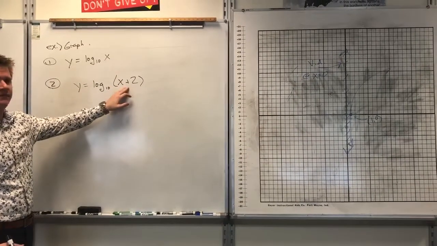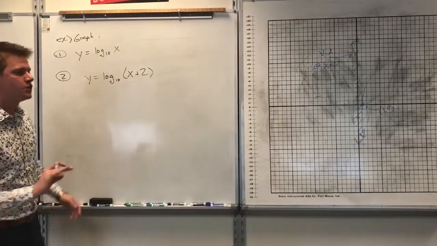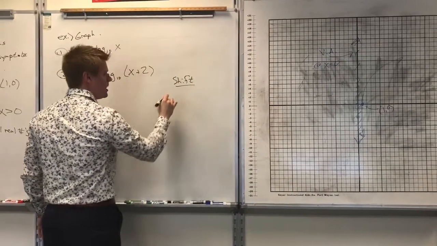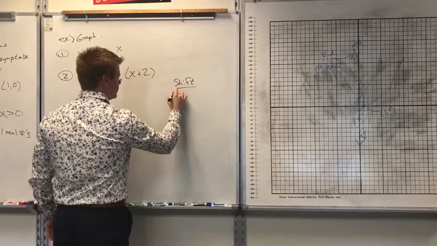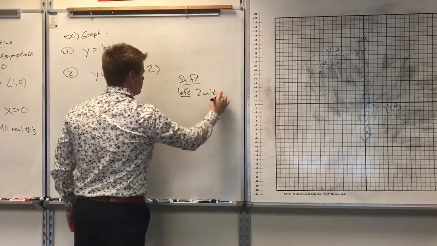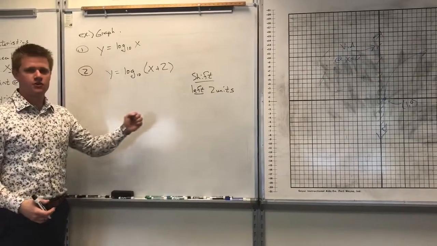If there were no parentheses and the number would therefore be added at the end, that would shift it up and down. So our shift in this case, hopefully you remember this from last section, is going to shift left 2 units. Remember, the opposite sign of the one grouped with x tells you the direction of the horizontal shift.